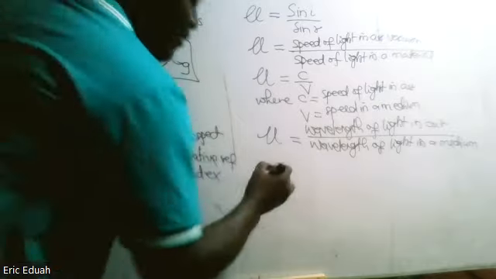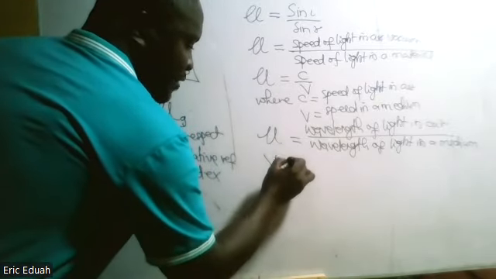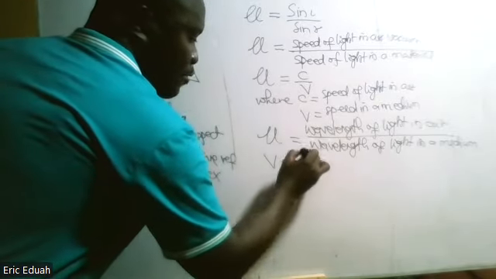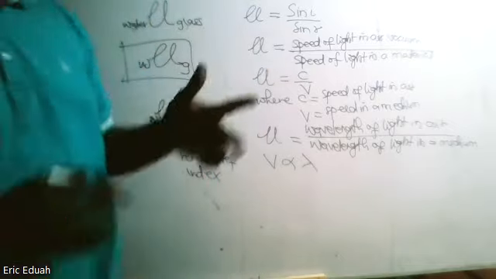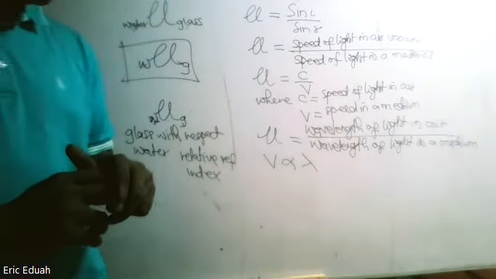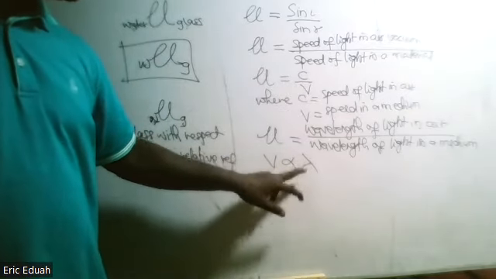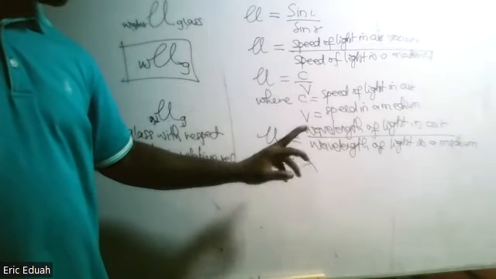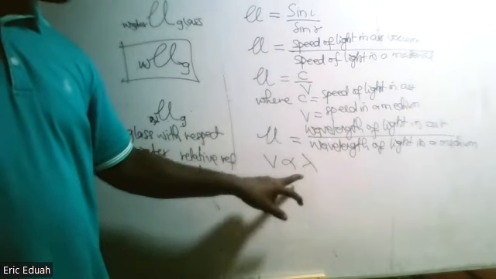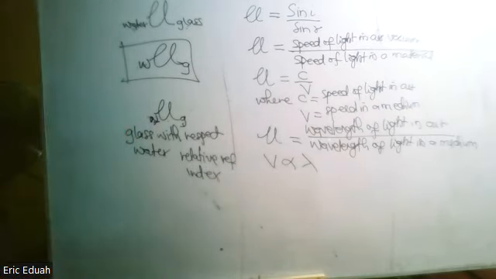As I told you, the velocity of light is directly proportional to the wavelength. So if the velocity of light changes in a medium, its wavelength would also change because they are directly proportional. Are we fine?